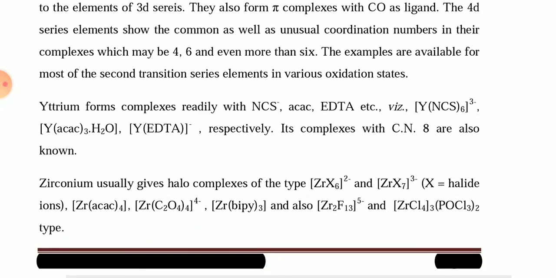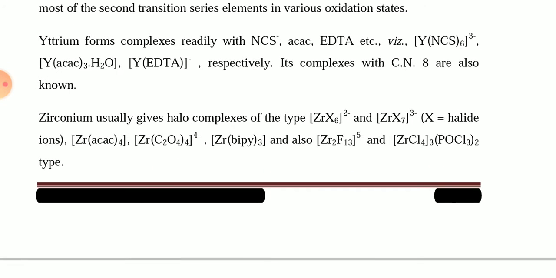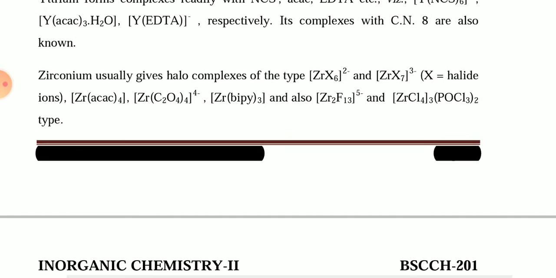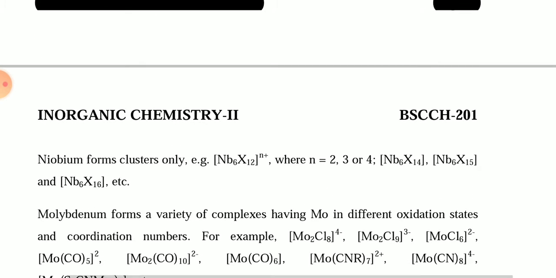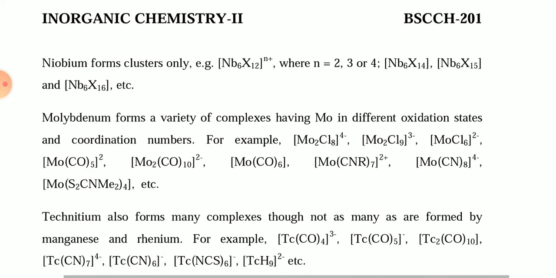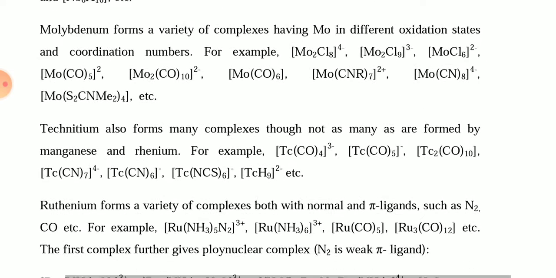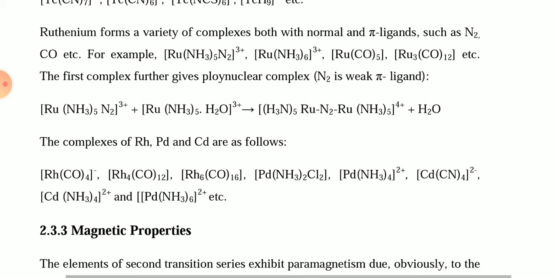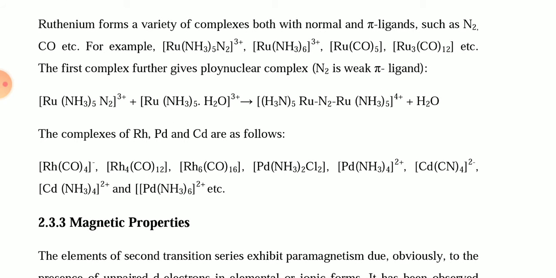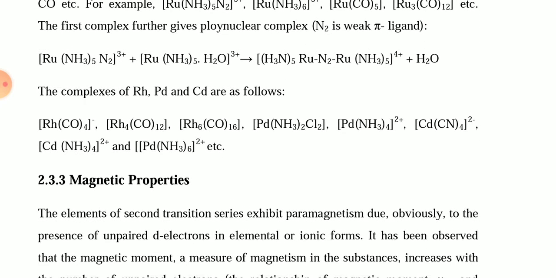You can see here many examples: yttrium forms complexes with cyanide, thiocyanate, and acac and EDTA ligands, zirconium with halogens and other kinds of ligands, niobium, and some examples of technetium and ruthenium. These are the complexes formed by the second transition series.